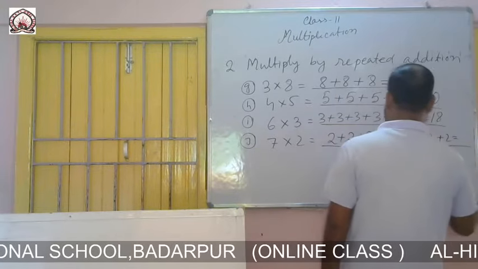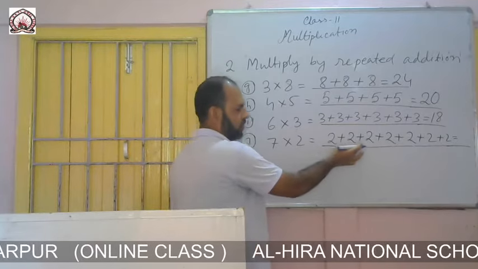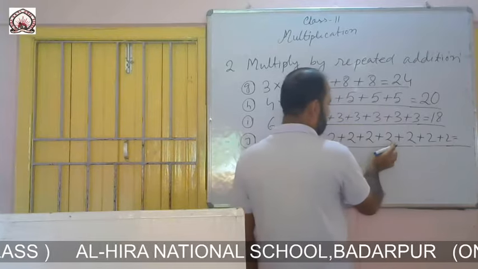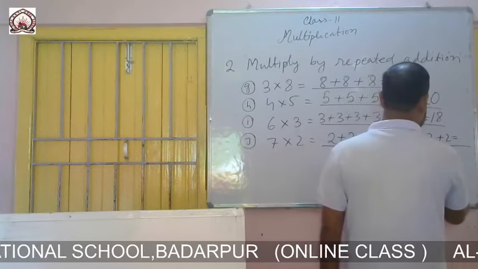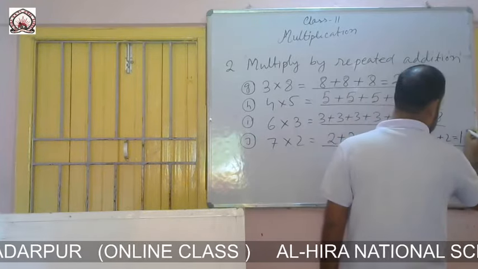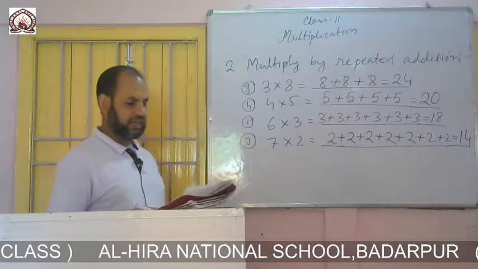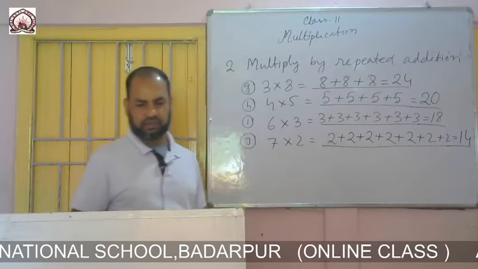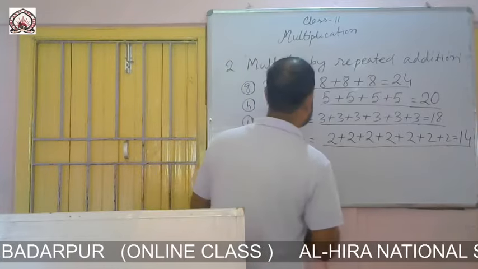So we add 2 plus 2 is equal to 4. 4 plus 2 is equal to 6. 6 plus 2 is 8. 8 plus 2 is 10. 10 plus 2 is 12. 12 plus 2 is 14. Answer is 14. Here 7 2s are 14.